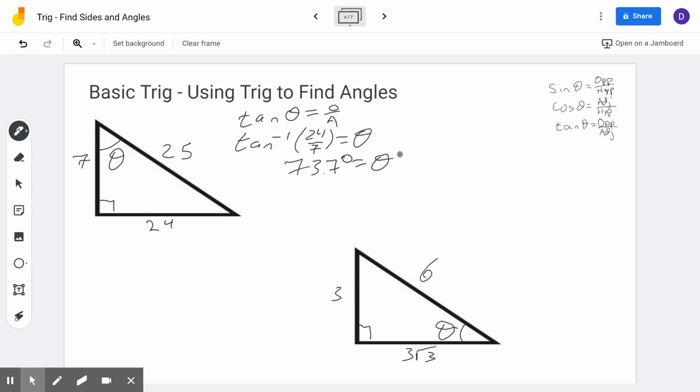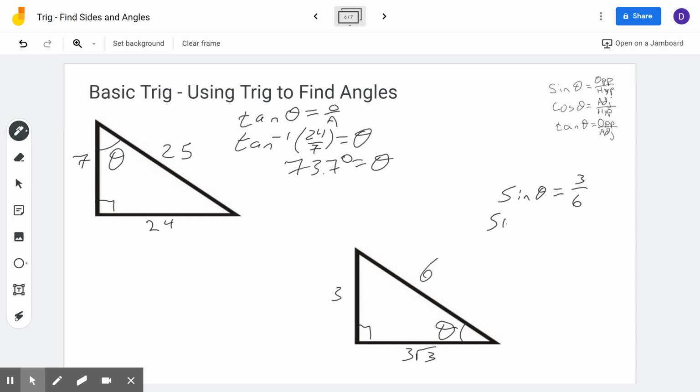Okay. Now this one, the one in the bottom right, let's mix it up because I don't like dealing with radicals. Let's do opposite over hypotenuse, which is sine. Sine of theta equals 3/6.